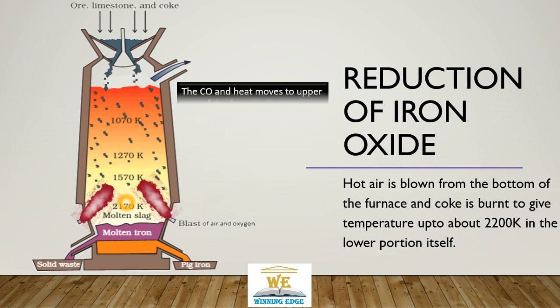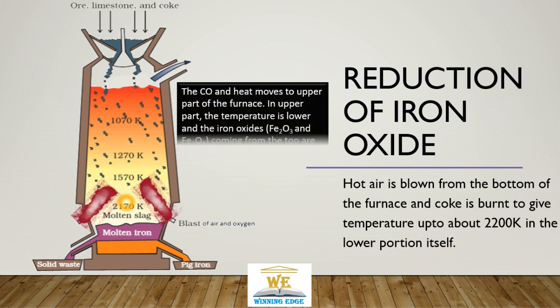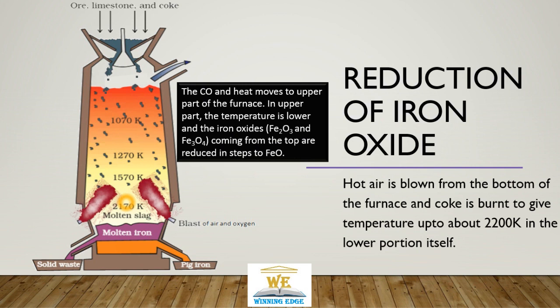And ultimately CO is formed. That heat moves to the upper part of the furnace. When the temperature is lower, iron oxide comes there and gets reduced. We get molten iron and pig iron, which are collected.